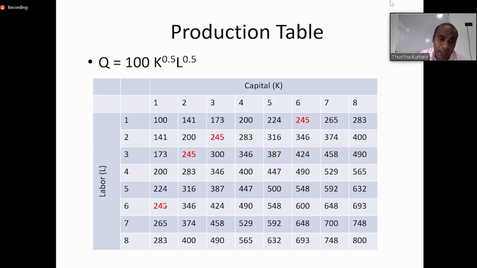If you take here 6 labor and only 1 capital, and here 3 labor and 3 capital, and here 2 labor and 3 capital. Likewise, we have different combinations and different values for capital and labor, but we have the same output level, 245.